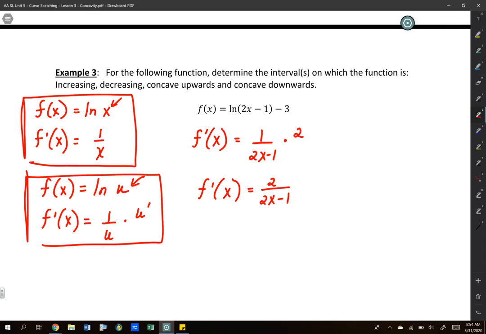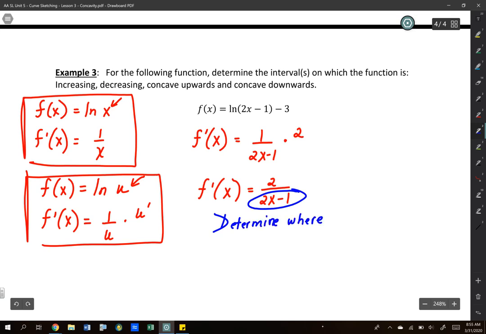Now, if you remember, and we haven't looked at a lot of these, we said that it is important to note when we're looking at increasing and decreasing intervals where the first derivative is equal to 0 or where the first derivative is undefined. So because we have a denominator here, we need to determine where f prime of x is undefined.